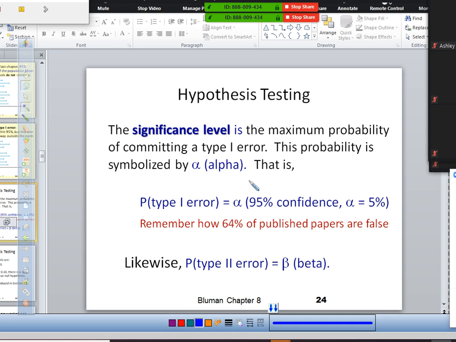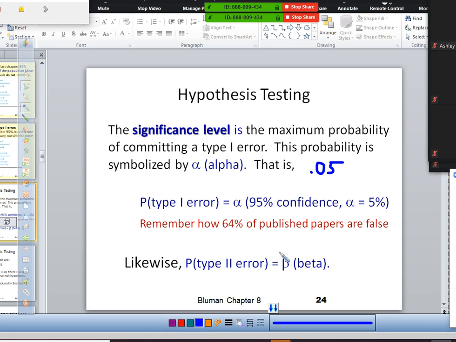So typically our significance level is 5%, so that our alpha is typically 0.05, usually. However, it could be other numbers. We'll talk about that in a minute. So that means that the probability of getting a type 1 error is 5%, right?